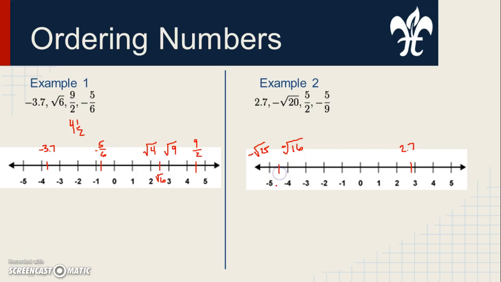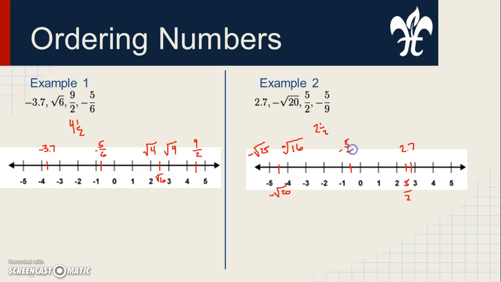So somewhere in here is negative square root of 20. 5 halves is the same thing as 2 1/2, which is here. And again, 2.5 is the same thing as 5 halves. Negative 5/9 is almost negative 1. So we'll put it here.